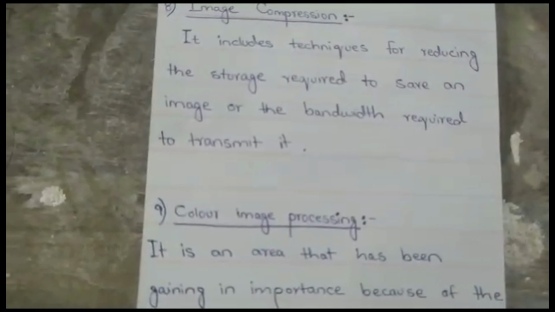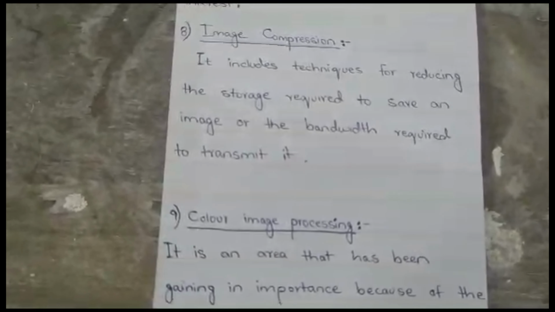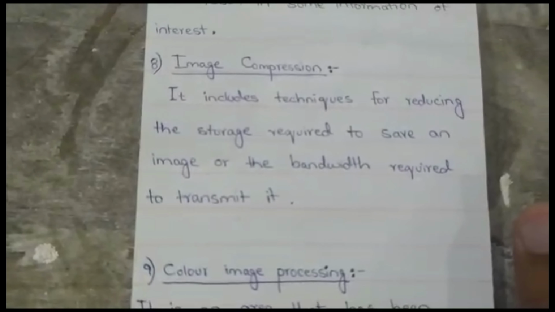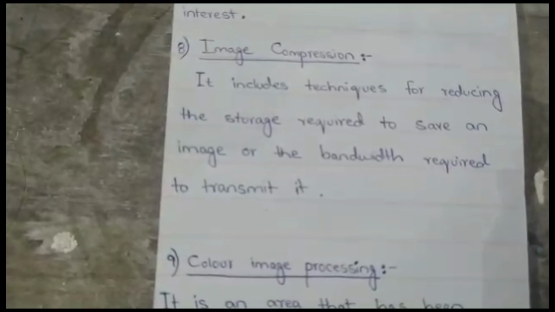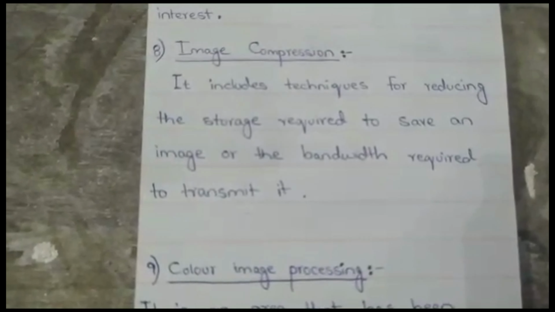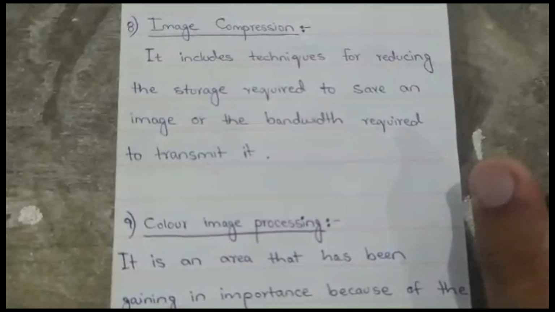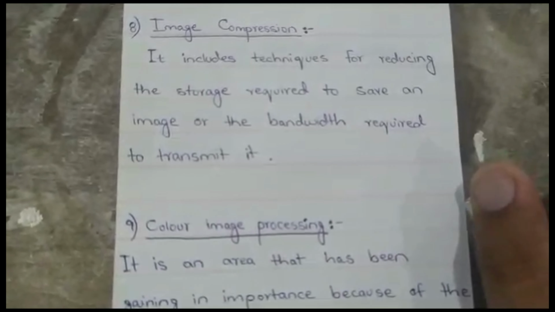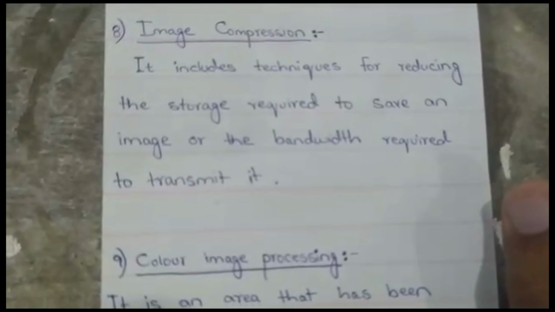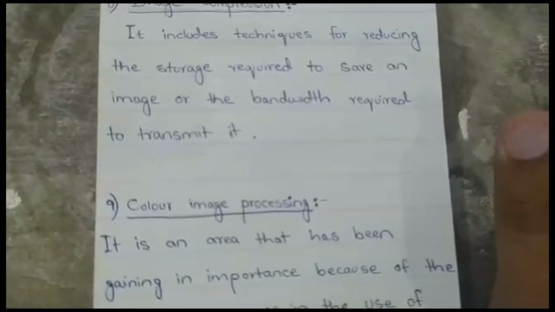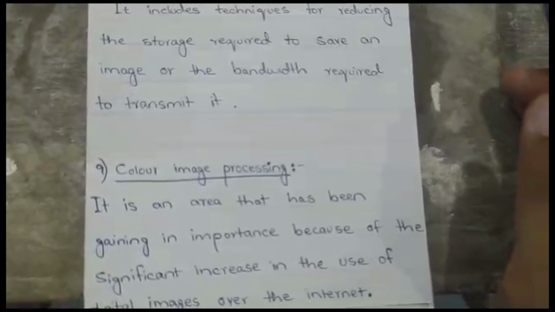As you know, an image is made up of three basic colors: R means red, G means green, and B means blue. All the colors are made from a mixture of red, green, and blue.